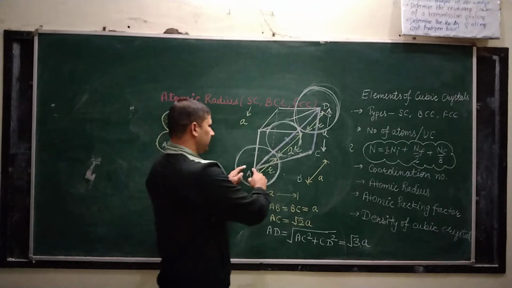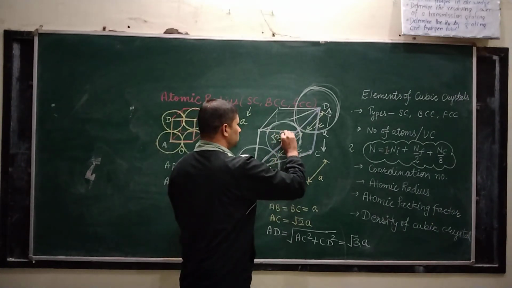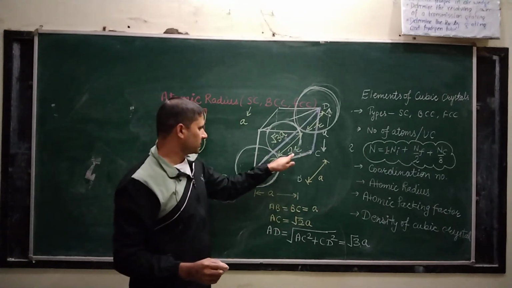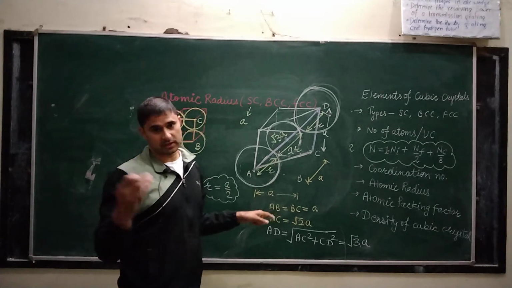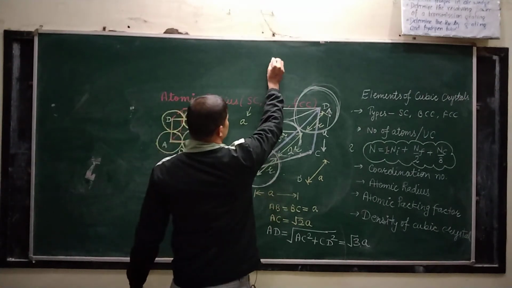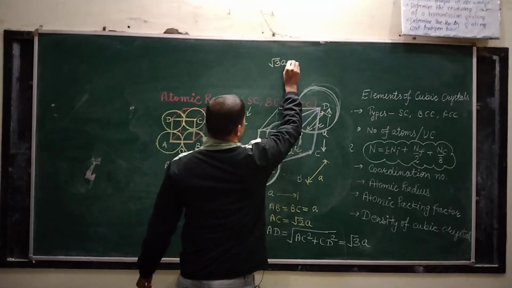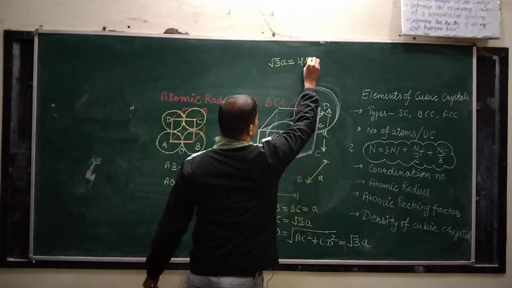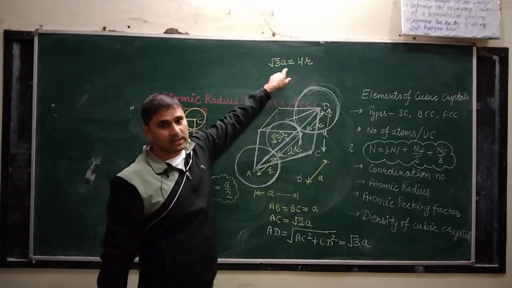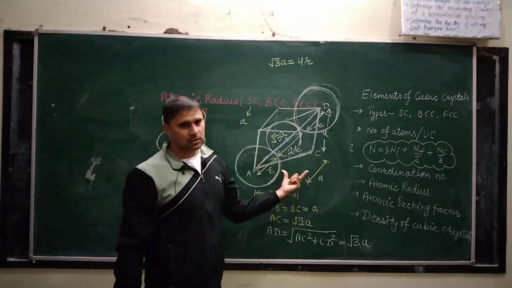So AD, which is equal to root 3 times A, is shared by R plus 2R plus R, that is 4 radius. So I can write that root 3 A is equal to 4 times the radius. This is how you can connect the radius of one atom with the size of the cube.